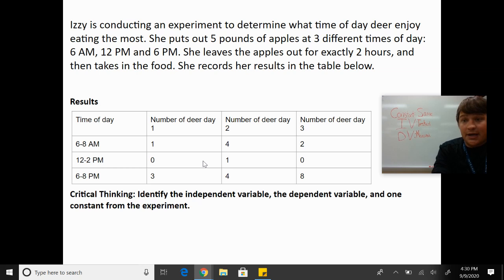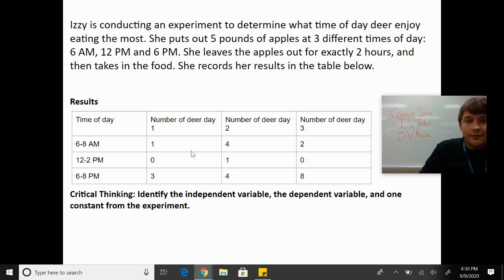And say my hypothesis was, if food is put out at night, then there will be more deer. My hypothesis would be right. If I said, if I put food out in the afternoon, then there will be more deer, that would be an incorrect hypothesis.